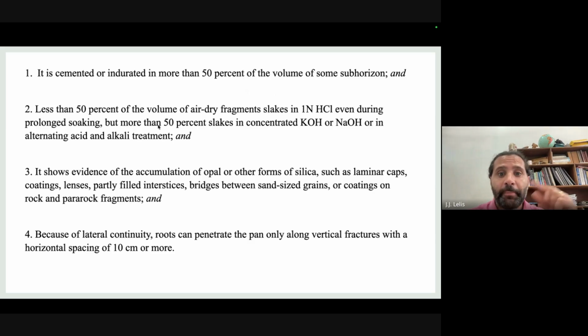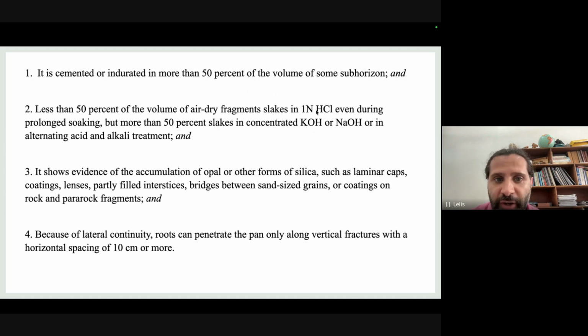But when I put that same material in contact with potassium hydroxide or sodium hydroxide, I will register an intense destruction of that material. So when I take a piece of duripan and put it in contact with acid, it stays the same.